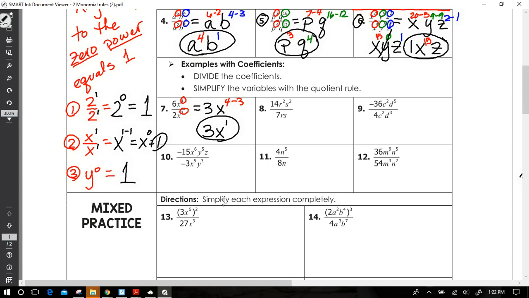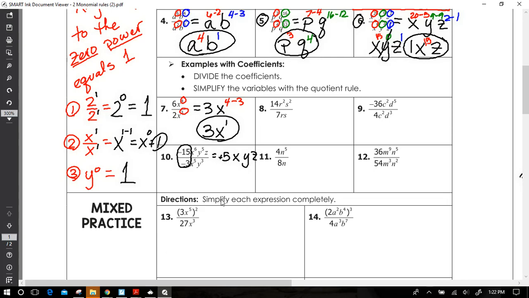Okay, let's do a problem that has multiple variables in it. Let's do number 10. So I know negative 15 divided by negative 3 is a positive 5. Okay, and now I have an x, a y, and a z.